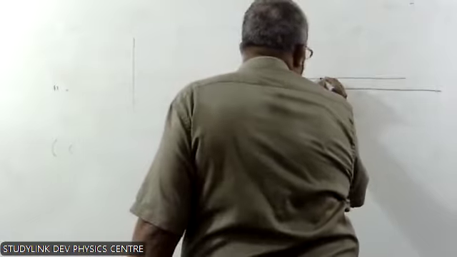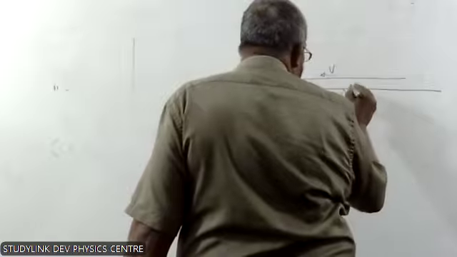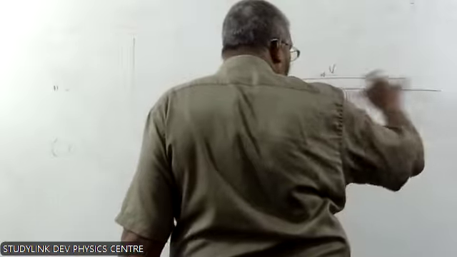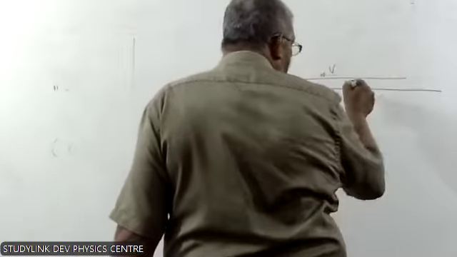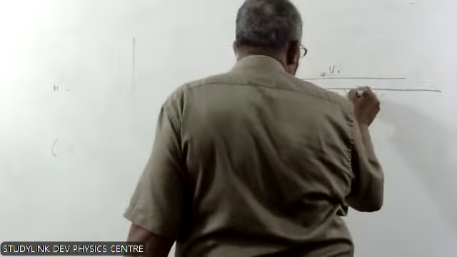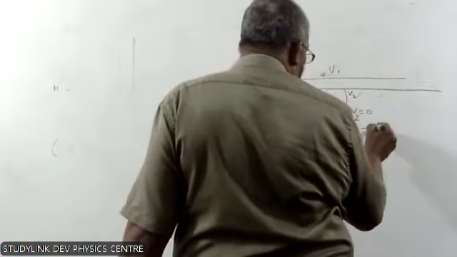Top layer, we'll say, is moving in this direction with v. Here it is constant. This is another lamina, not moving. It doesn't move, so this velocity is 0. So delta v: the upper one we'll say v1, this is v2, and v2 is 0. Then v1 minus v2 means v1 minus 0, that is v1.